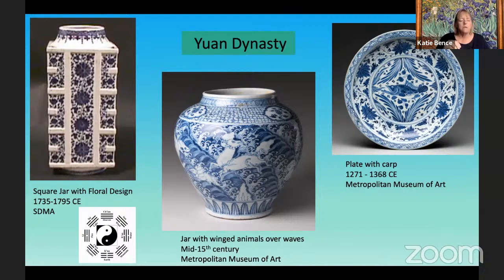Jingdezhen's dominance can be attributed to the optimal geographical site with excellent kaolin deposits and petuntse that were necessary for creating this white clay body. It was also surrounded by forests, which provided a bountiful source for kiln fuel.